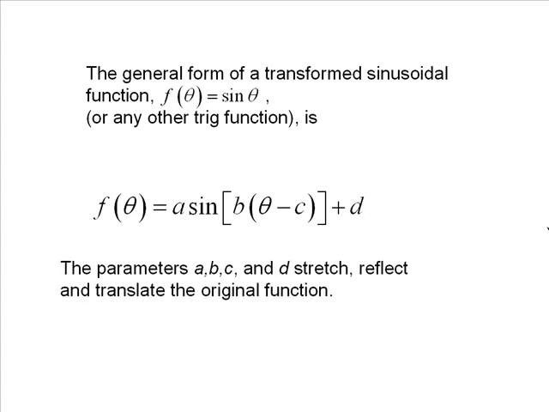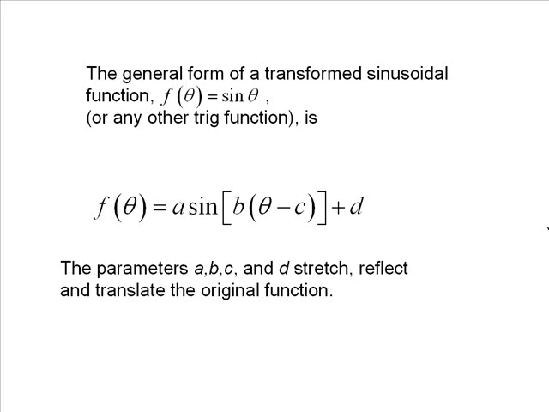There's a few things that are specific to trig in terms of the terminology, but otherwise things are identical. So as before, the parameters a, b, c, and d stretch, reflect, and translate the original function. And one thing is, out of convention, we use that variable c to represent the horizontal translation, whereas sometimes in previous lessons the letter h was used, but it really refers to the same thing.